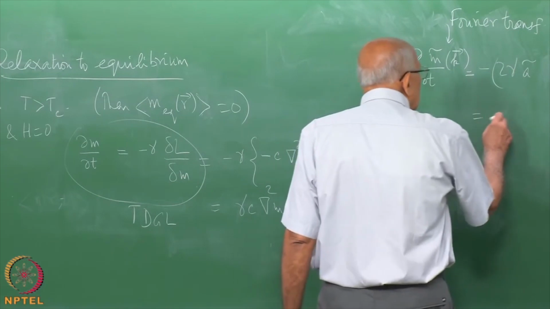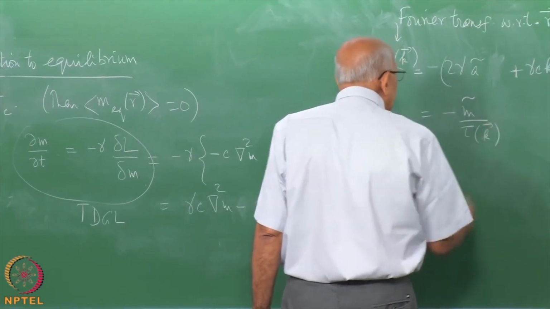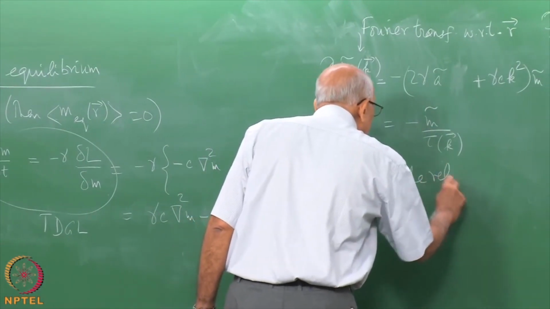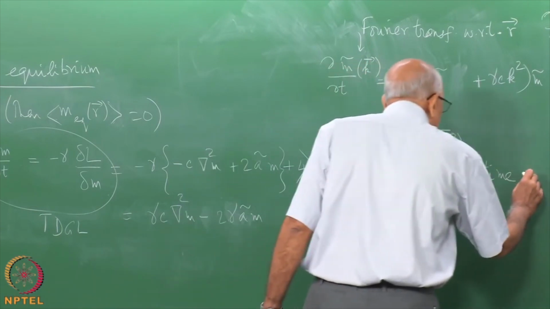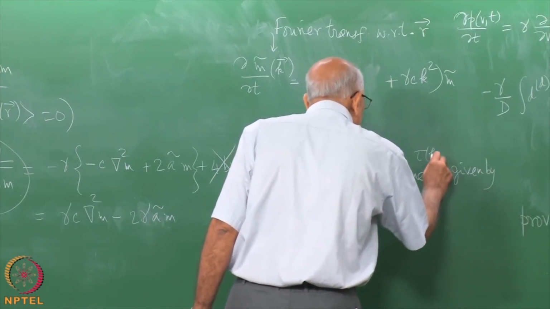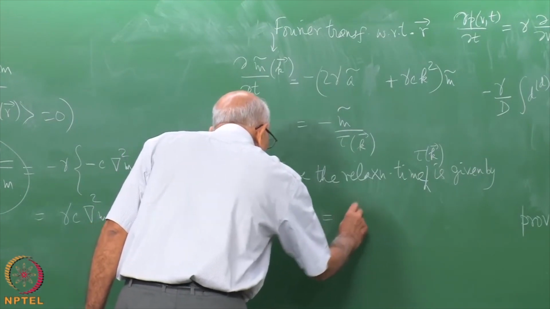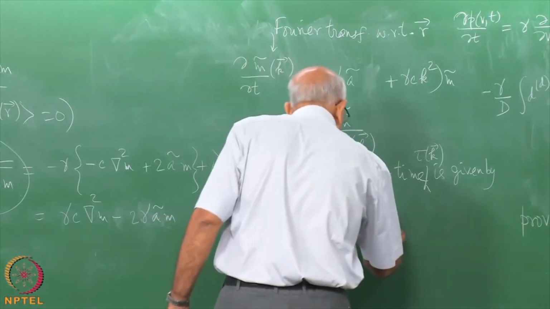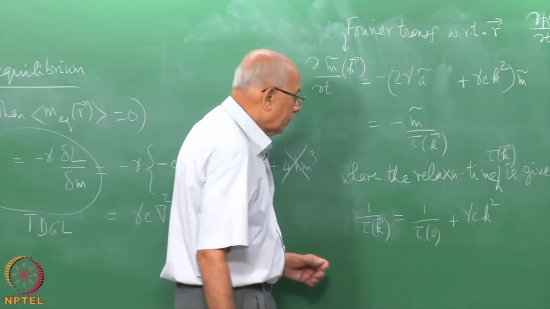So this thing is equal to minus m tilde over tau of k, where the relaxation time tau of k is given by 1 over tau of k equal to 1 over tau of 0, that is this term, plus gamma c k squared.